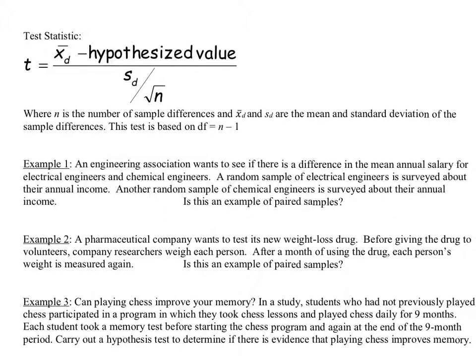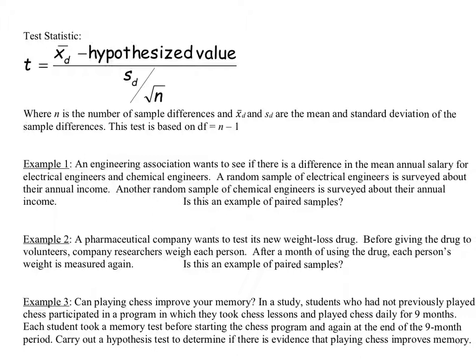So for examples 1 and 2, we're just reading the problem and figuring out, is it paired or not? An engineering association wants to see if there is a difference in the mean annual salary for electrical engineers and chemical engineers. A random sample of electrical engineers is surveyed about their annual income. Another random sample of chemical engineers is surveyed about their annual income.